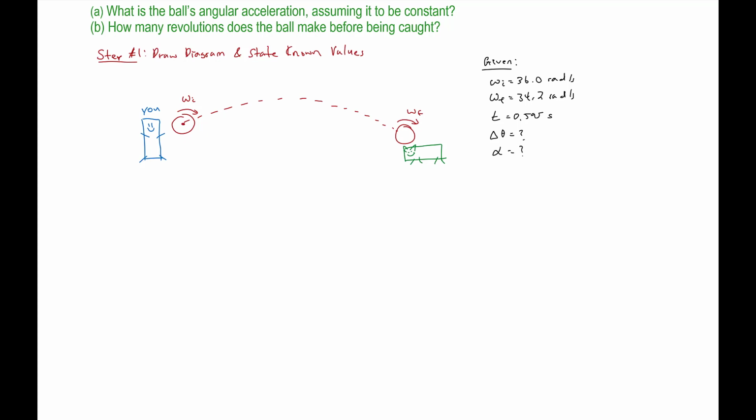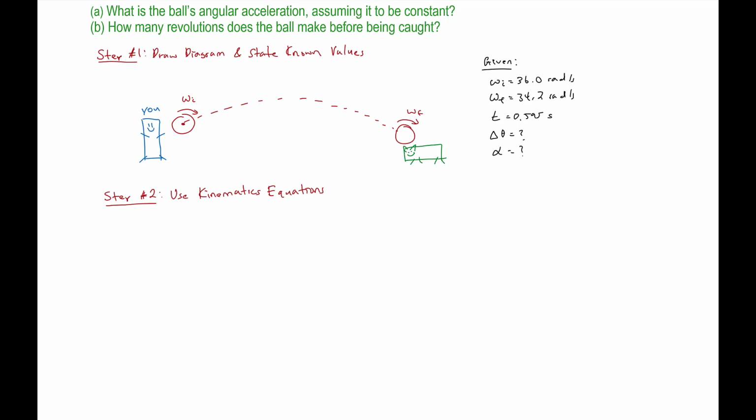So step number 2, we want to use our kinematics equations to solve. If we look back at our diagram, in order to use kinematics equations, we do need to have a coordinate system.